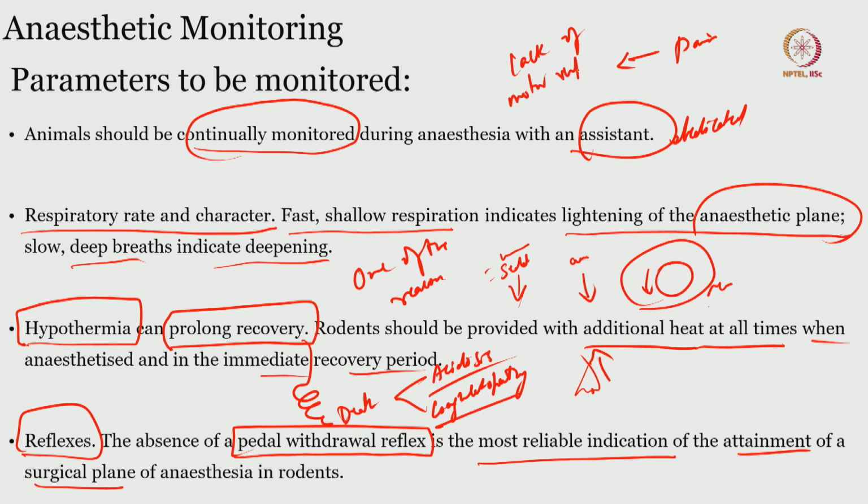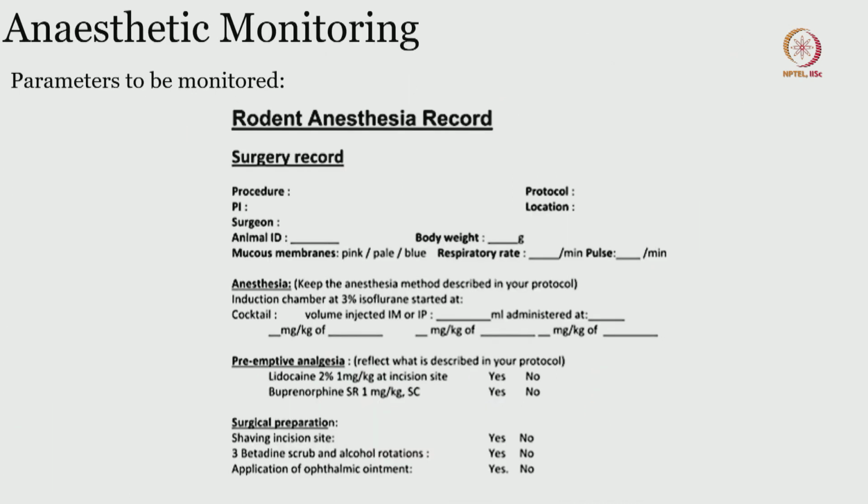Okay. The basic requirement is the rat should not move when you cut the skin. So, when this pedal withdrawal reflex is attained, that is what you can see, but at the same time it should not be so deep that it will affect the autonomic reflexes, as I just discussed in the last few slides.